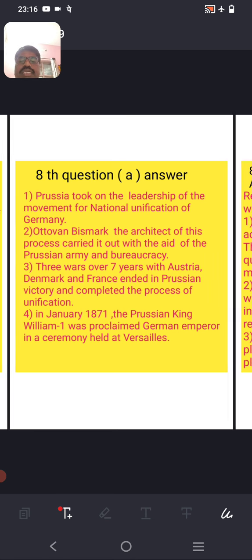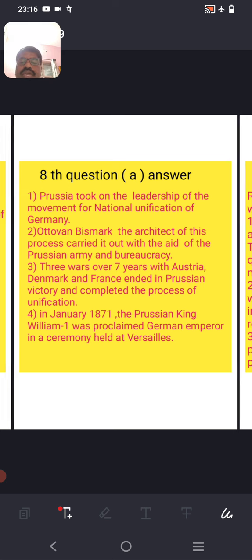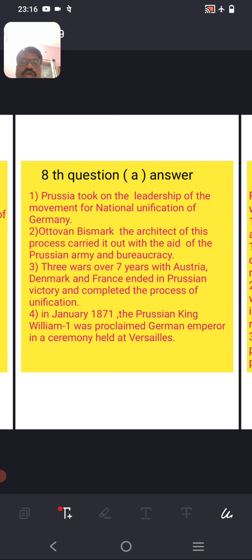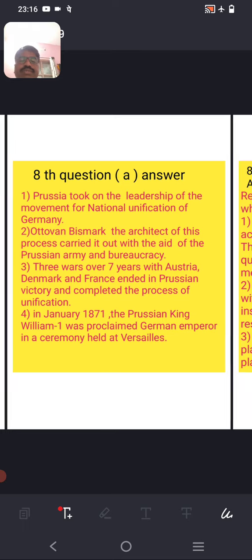In January 1871, the Prussian king William I was proclaimed German emperor in a ceremony held at Versailles.